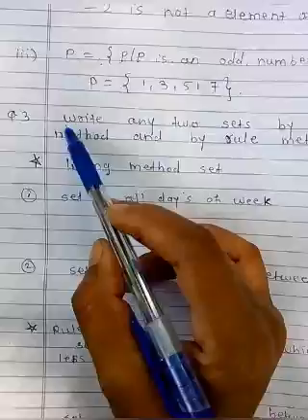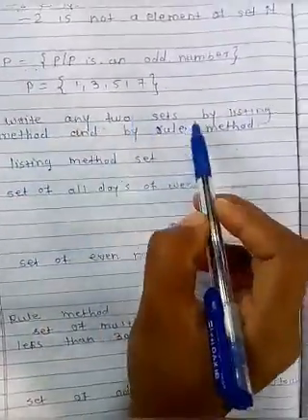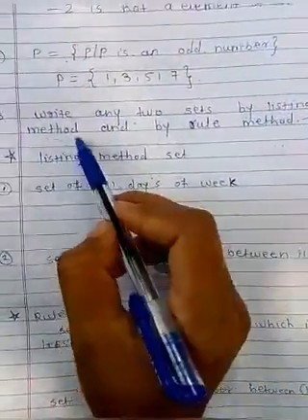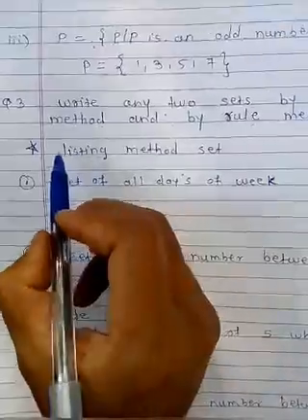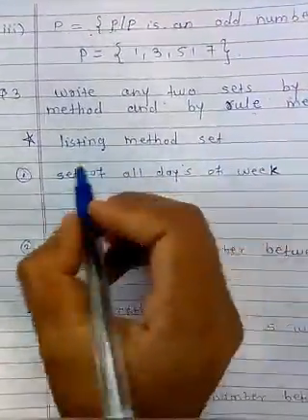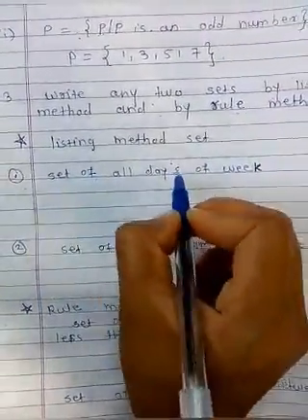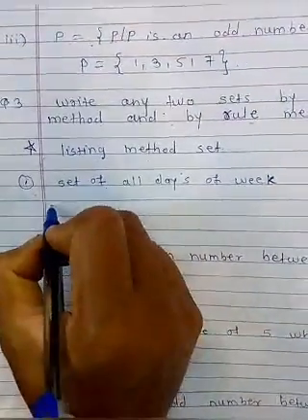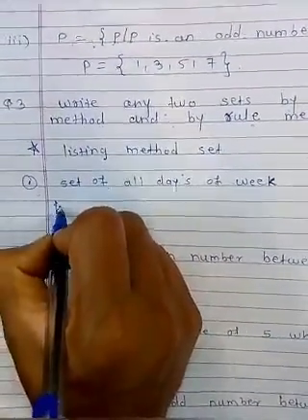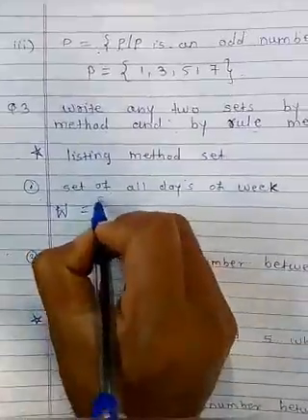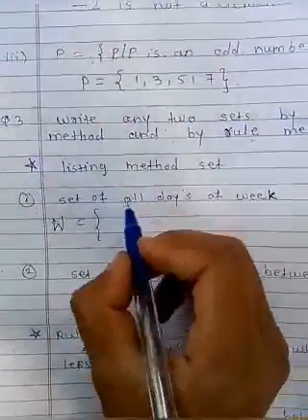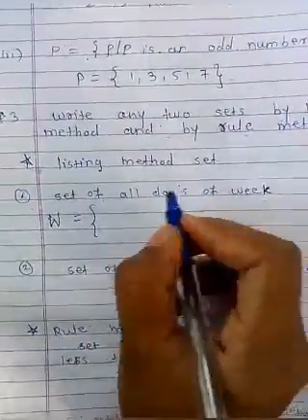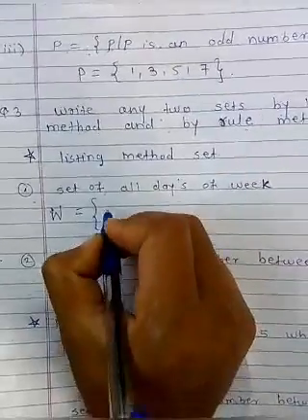Next question. Question number 3. Write any two sets by the listing method and by the rule method. By the listing method, first, set of all days of a week. We denote the set name by a capital letter W. And the days of the week, which are they?